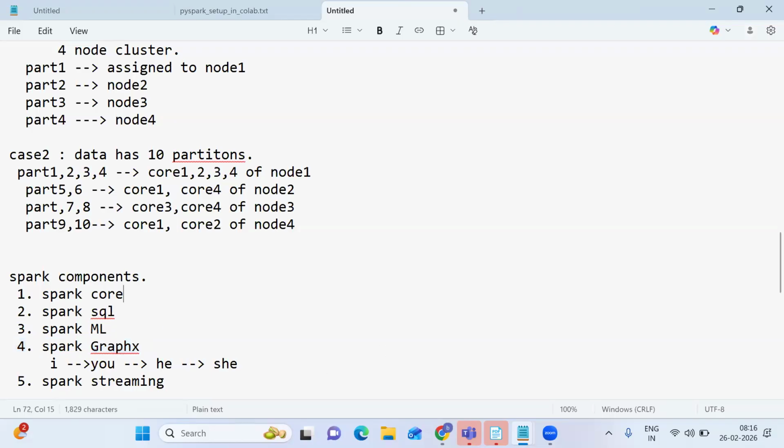So main purpose, this is core engine. It uses DAG internally. DAG means directed acyclic graph. Okay.